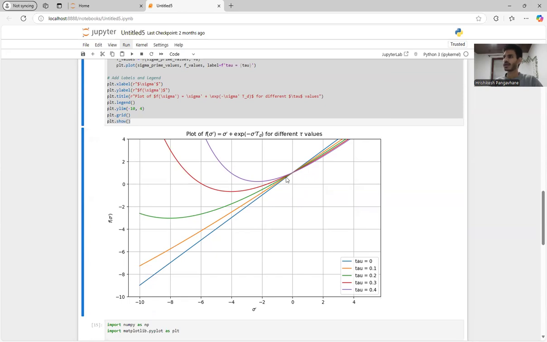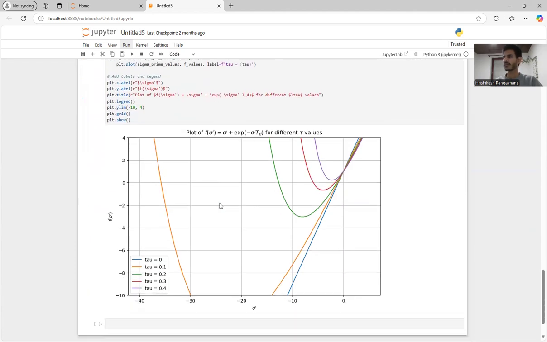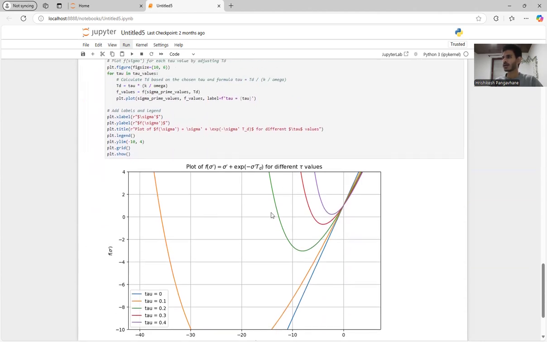And from this point, for the negative values of sigma prime, depending upon the value of tau, for very high values of tau the curve is not coming to the x-axis, but for very low values of tau we are having such kind of curves, which, when it goes further, cuts the x-axis two times and gives us the real solutions.